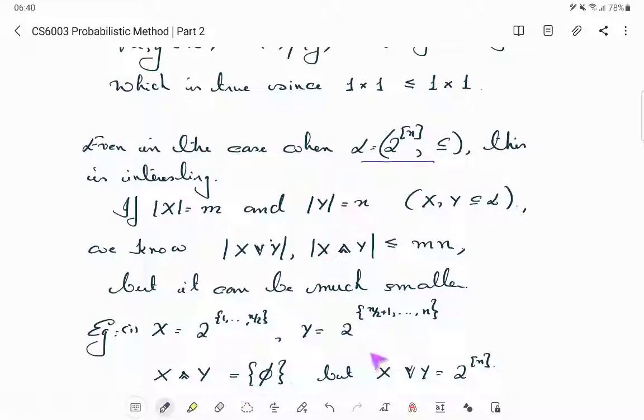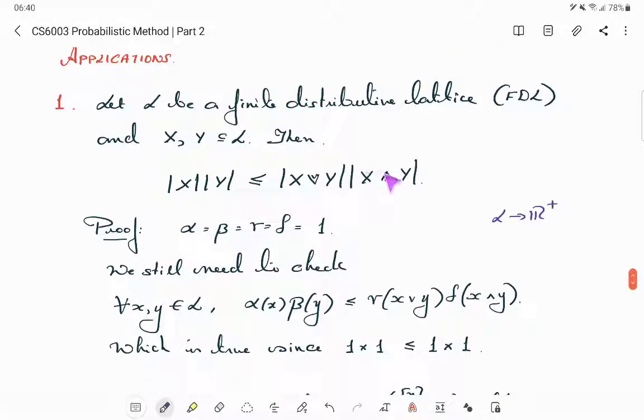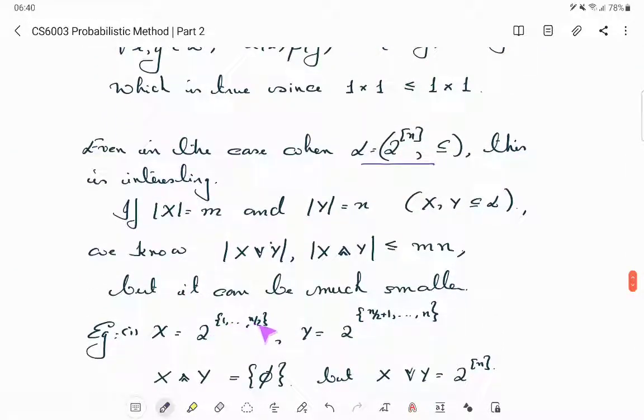Okay, interesting. But in this case, from this result here, remember what was the cardinality of X in this case? It was all subsets of some n by 2 elements. So this is 2 power n by 2. This is also similarly 2 power n by 2.